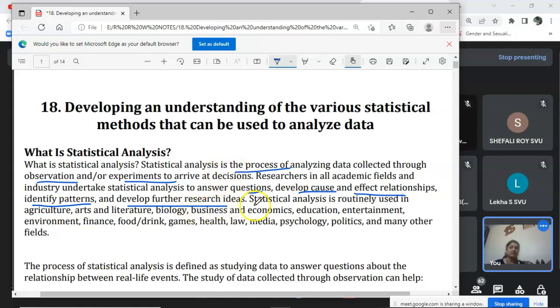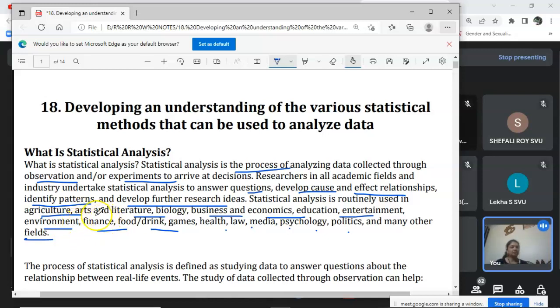Statistical analysis is routinely used in agriculture, arts and literature, biology, business, economics, education, entertainment, environment, finance, food and drink, games, health, law, media, psychology, politics, etc. In agriculture, the size of a field and the production are all data.